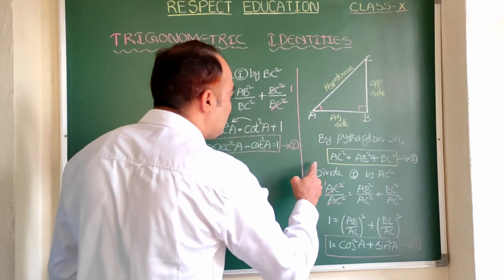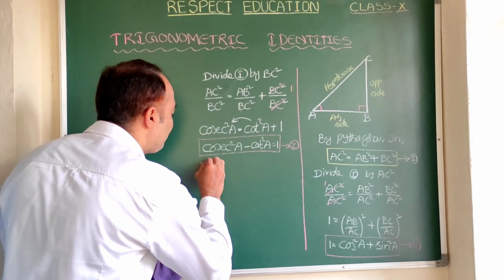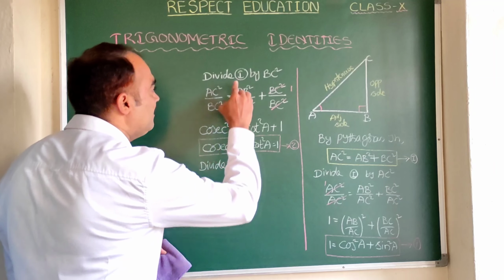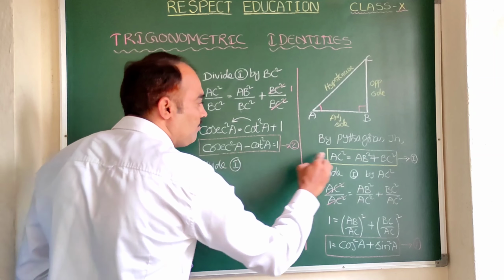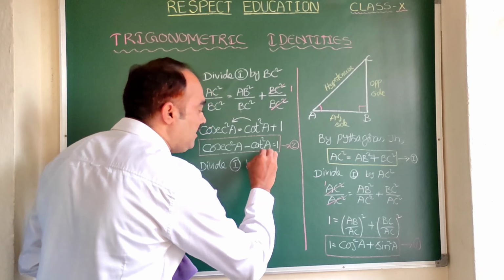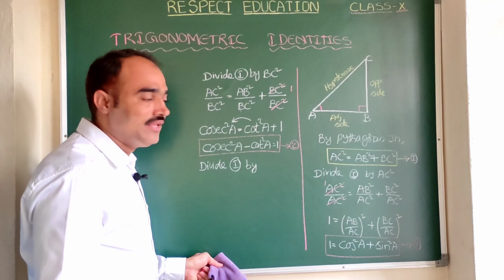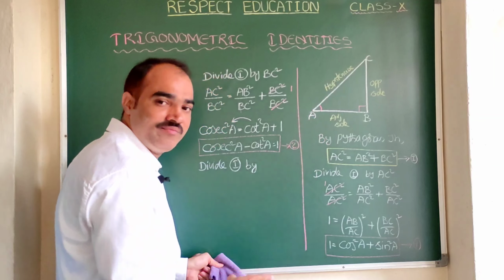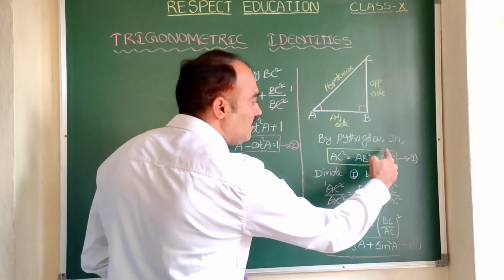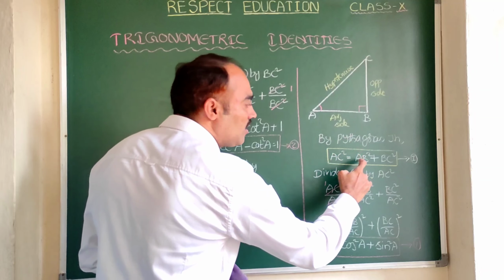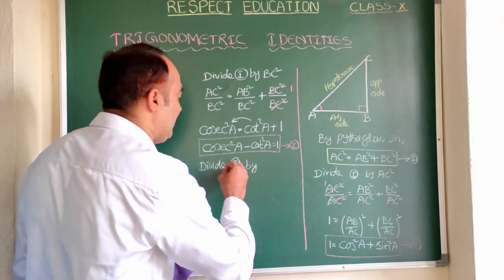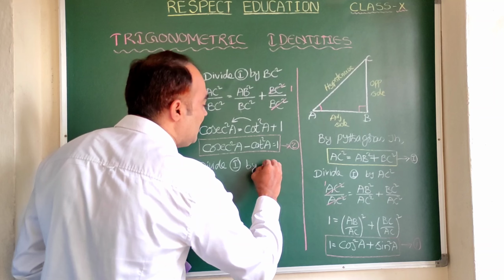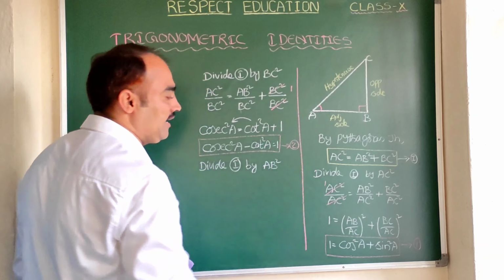That is again the same as usual. Divide this Roman number 1 by, can you guess with what we should divide now? AB square. Very good, AB square. Because earlier we divided with AC square and BC square, those are over. Now we divide the first equation by AB square.